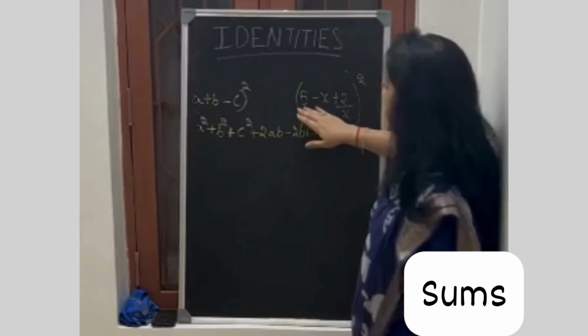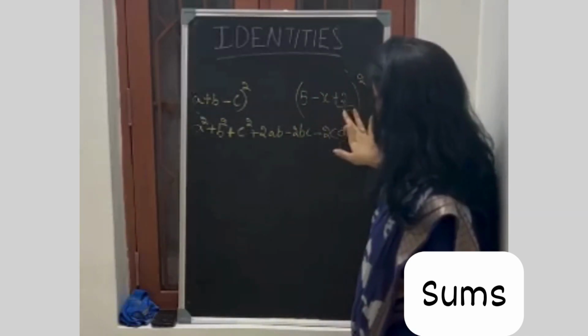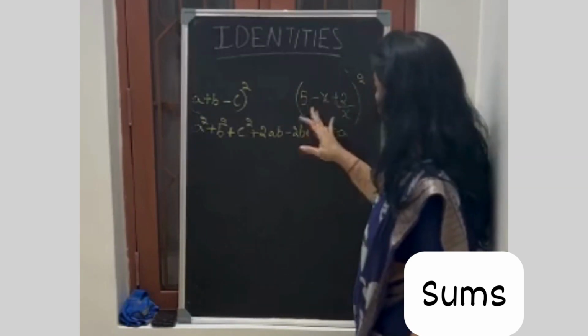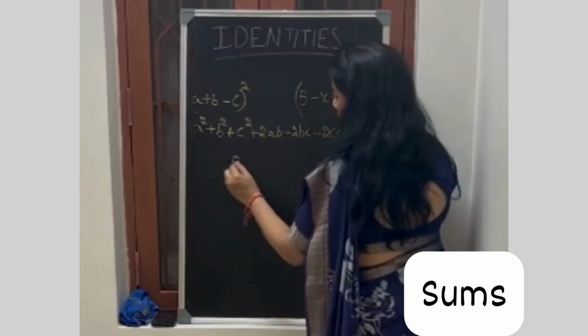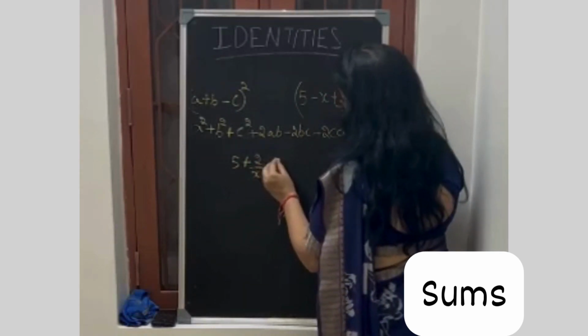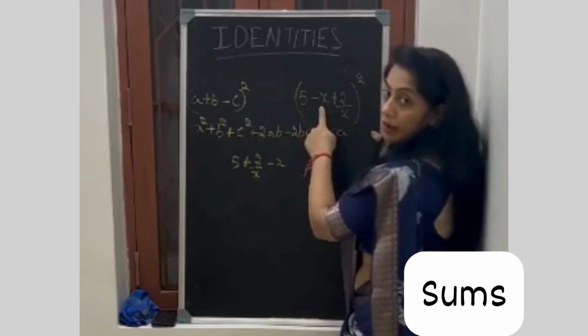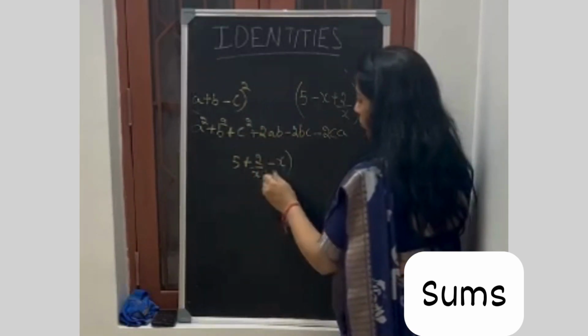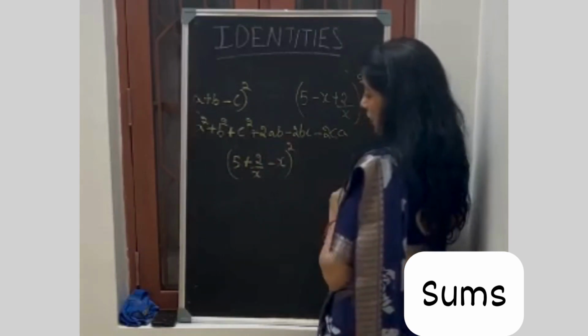Now this is my question: (5 minus x plus 2 by x) the whole square. Here I am changing the format. How will I change? I will write (5 plus 2 by x minus x). Instead of writing x here, I am writing it here. So I can use this formula here. Okay, the whole square.